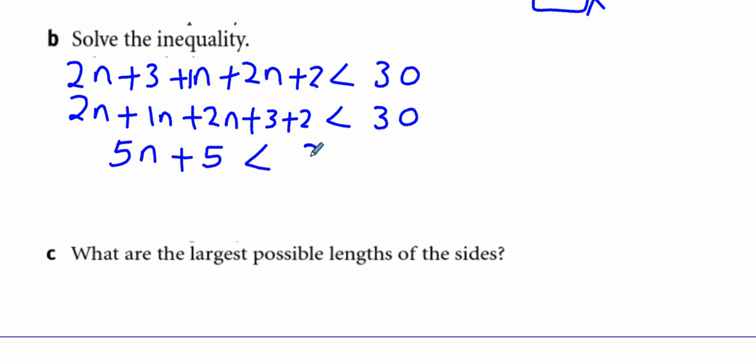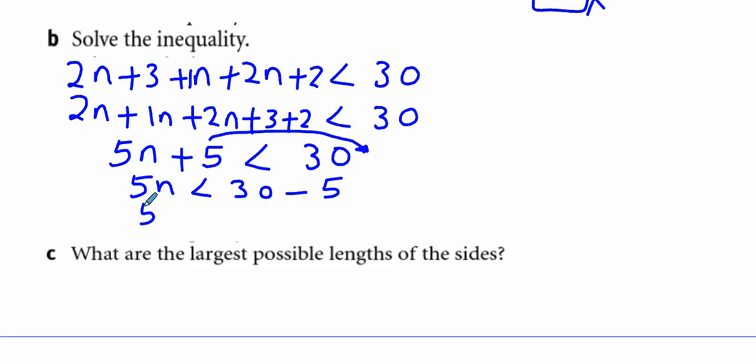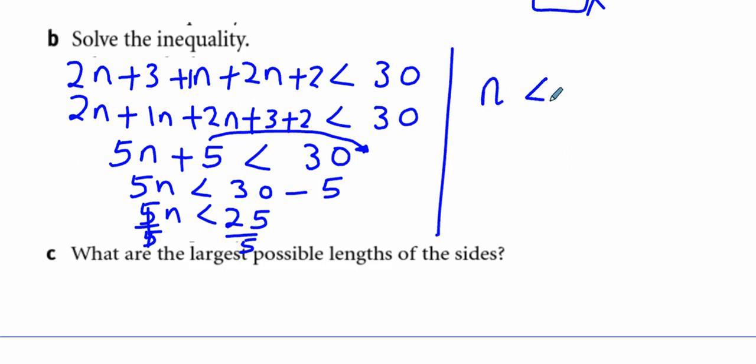So 5n plus 5 is less than or equal to 30. Collect like terms: 5 will be shifted over, so 5n is less than or equal to 30 minus 5, which is 25. To find the value of n, we need to divide by 5. So our answer will be n is less than or equal to 5.